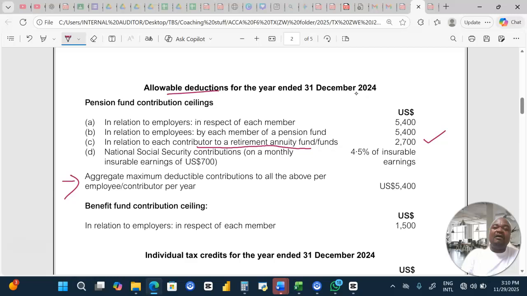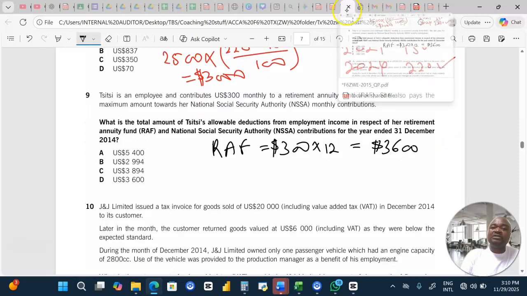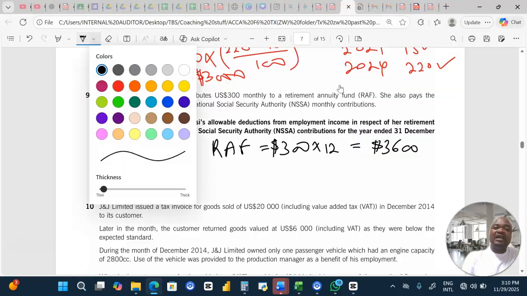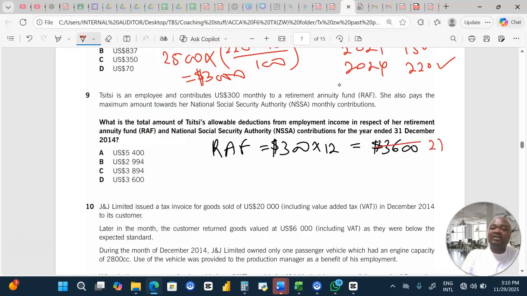We have taken care of the 3,600, and we said this is too much. We're not allowed to do this. We are only going to stick to 2,700 for the RAF. So when we come back to our solution, the applicable amount is not 3,600, but 2,700. Is that clear for the RAF?